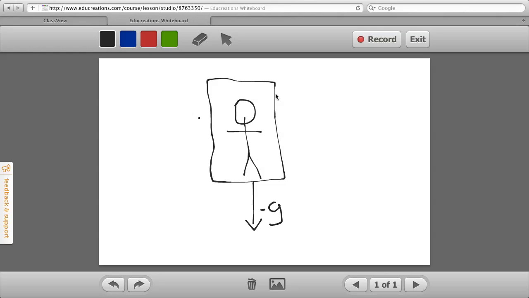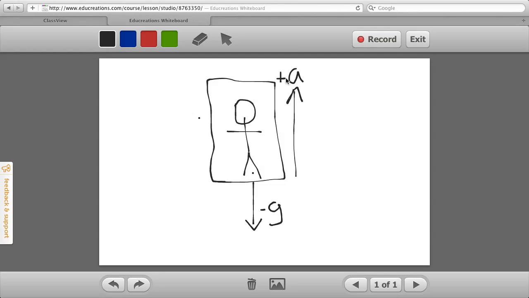And what that negative g acceleration does, it accelerates our body until we hit something. And in this case, it accelerates our body until we hit the floor of the elevator, and we feel that weight. But what if the elevator itself is accelerating upward with an acceleration of a, right? Positive a, for example. So it's going upward.